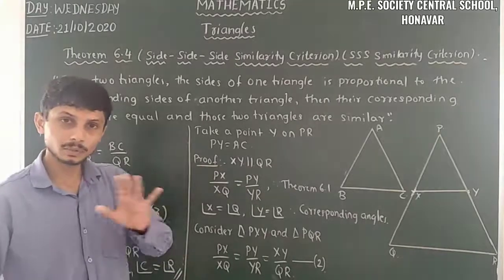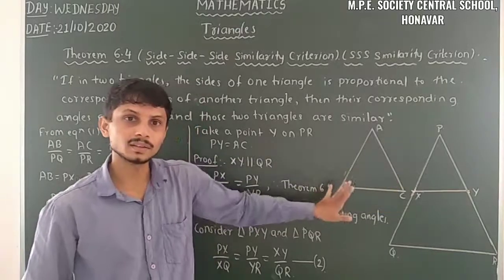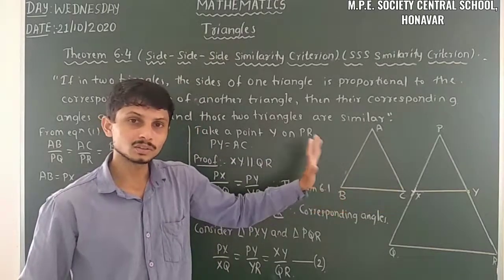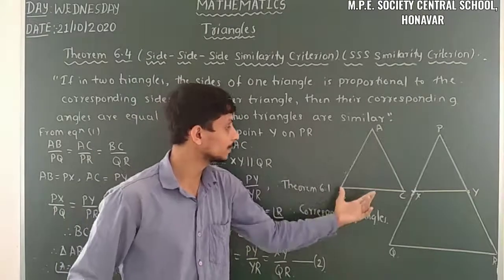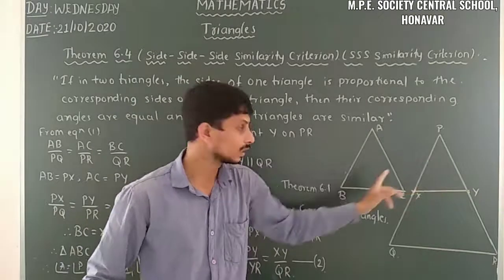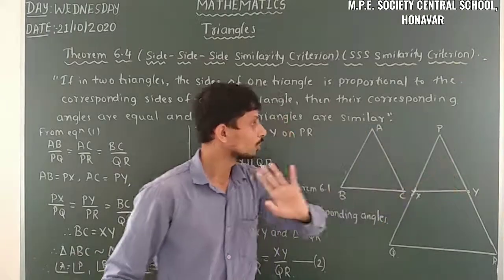So here there are two triangles. Firstly I will take the complete triangle ABC. The length of AB is equal to PX, and the length of AC is equal to PY.